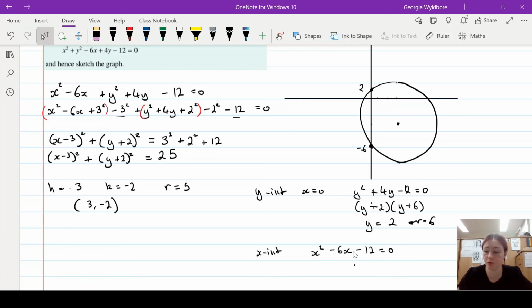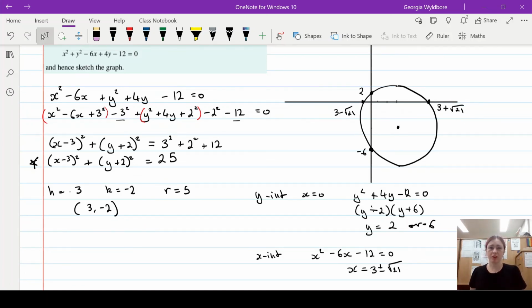I would probably go for the formula here, but what we end up with is x equals 3 plus or minus root 21. And it will work if you sub back into this formula. Sometimes that can be easier, sometimes it's not. You really just have to try things and work out what works for you. But all you're doing here is solving a quadratic. So obviously this point here, we've got 3 minus root 21. And over here, we'd have 3 plus root 21.